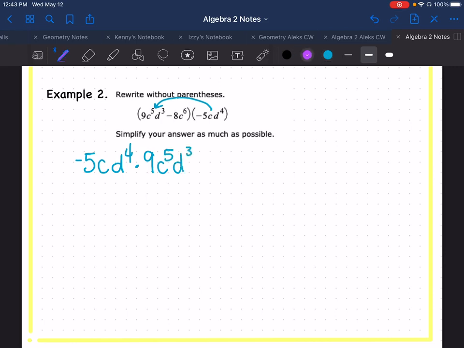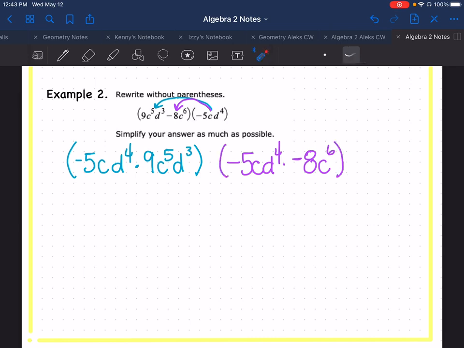And then let me put that in one parentheses. And then I'm going to multiply that negative 5cd to the 4th power times this. So negative 5cd to the 4th power times, I'm going to call it negative 8c to the 6th power. That way I can use the multiplication here to determine what symbol goes in between my two parentheses.